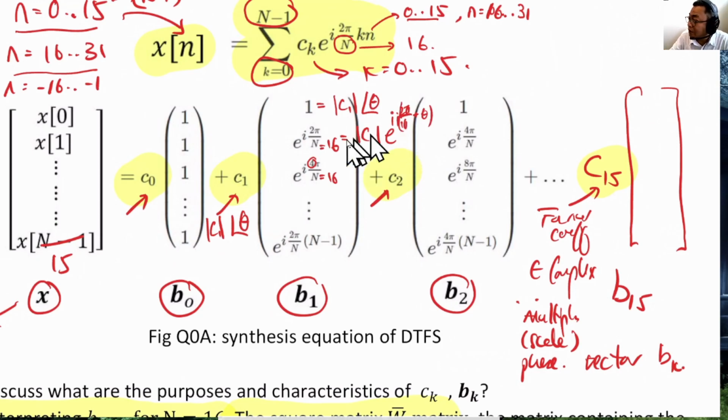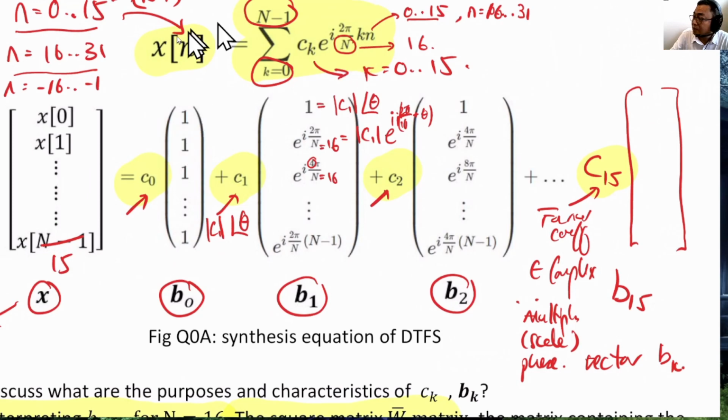So what we are doing is that we can multiply a constant with a phase, and we would scale this complex value by that constant, and we introduce the phase here. So the purposes of c0, c1 up to c15 is to scale and introduce phase shift onto the b_k.